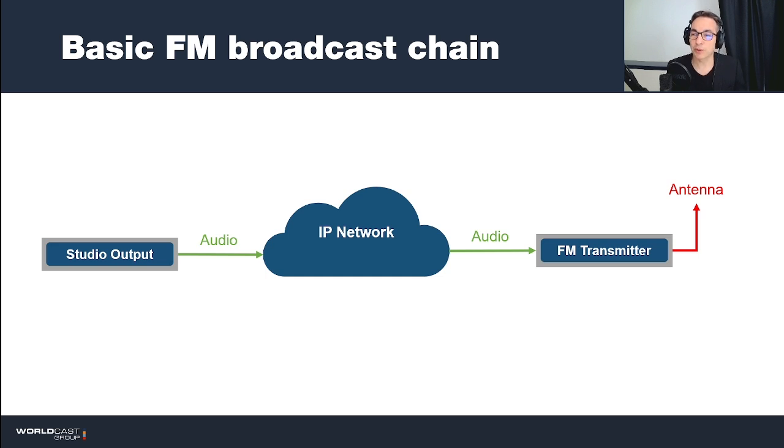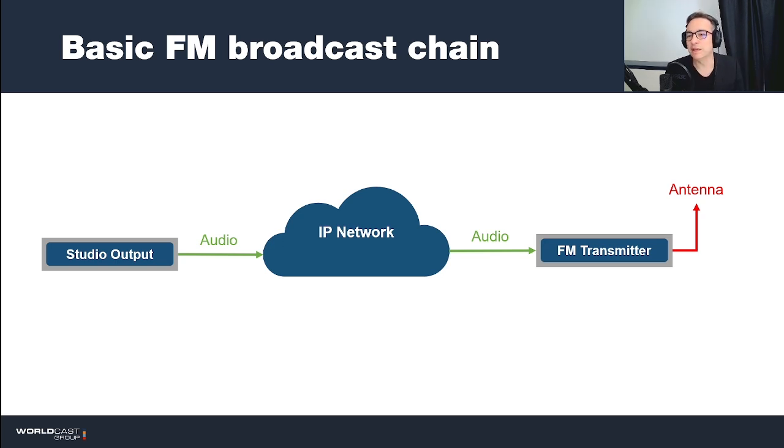Then we will transport this content usually over IP. At least in this presentation we will take the case of an IP network transport, and then we will receive this content on the transmitter side and we will broadcast it with an FM antenna to the listeners. Okay, so this is the very basic scheme for an FM broadcast chain.